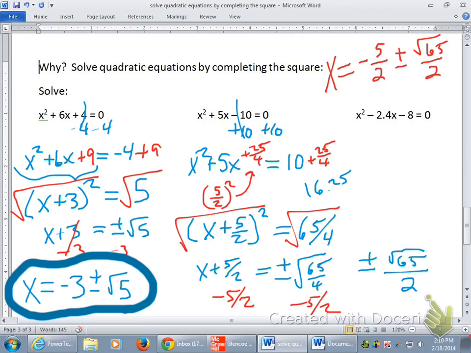I could even put those together, couldn't I? X equals negative 5 plus or minus square root 65 all over 2.